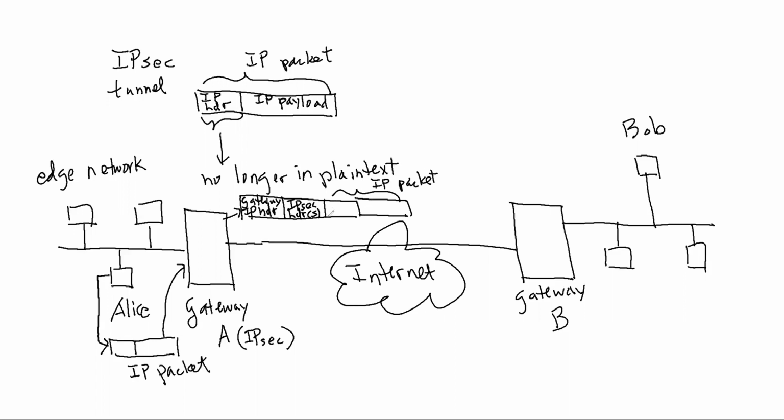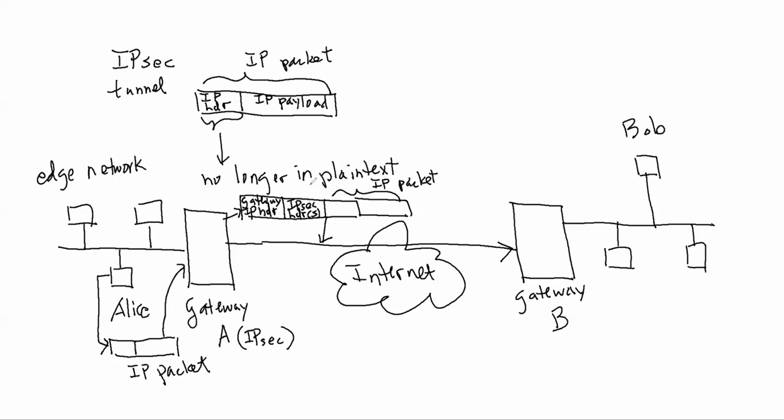Then this packet will go through this route to here. Gateway A will use gateway B's IP address as the destination address and this gateway A's IP header. So this packet gets sent to gateway B.